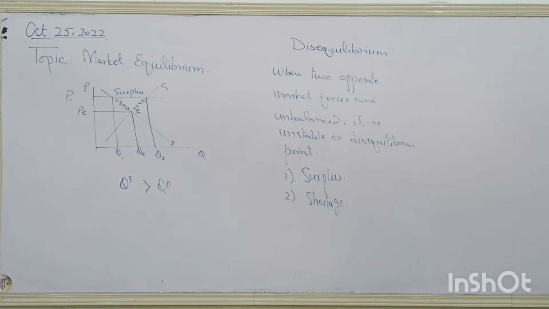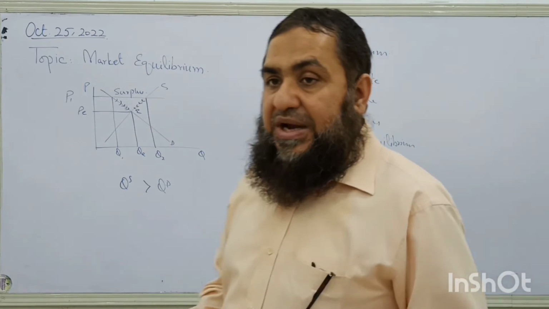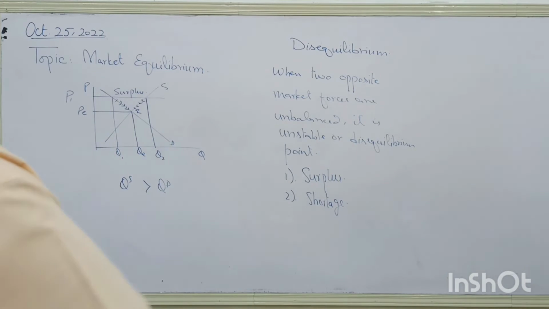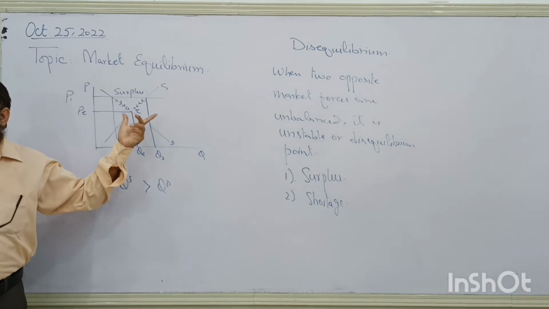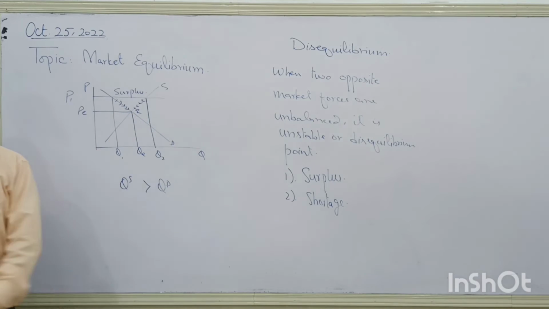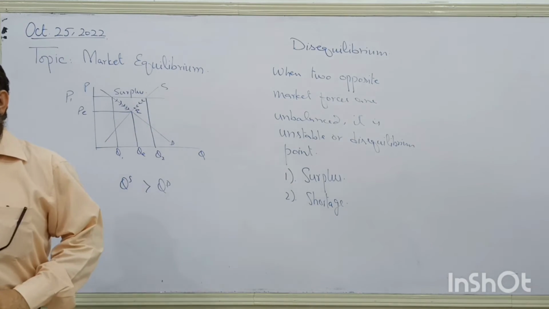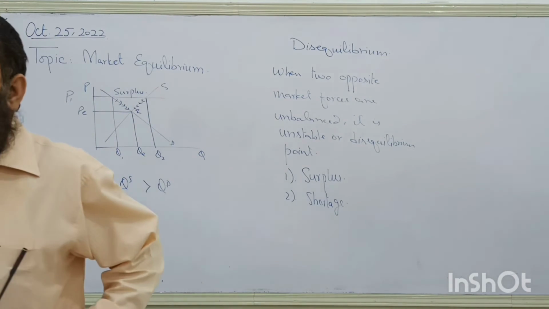And when prices are falling, the consumers are going to increase their quantity demanded along their demand curve, and producers are decreasing their quantity supplied along their supply curves. Therefore, at equilibrium, this market surplus is removed.